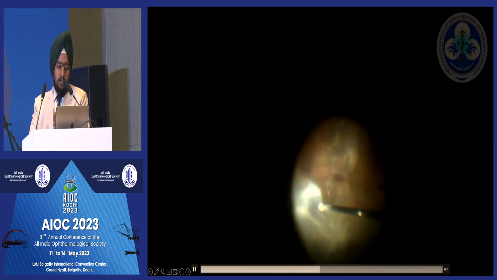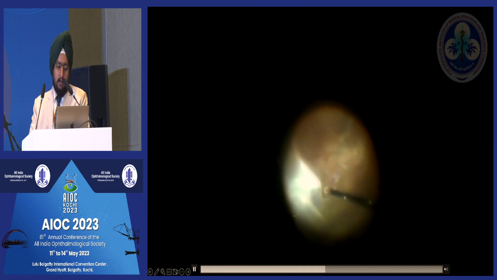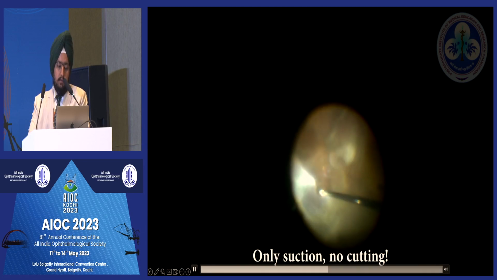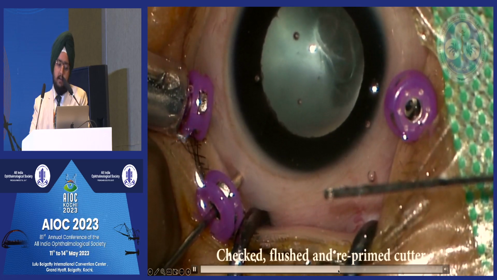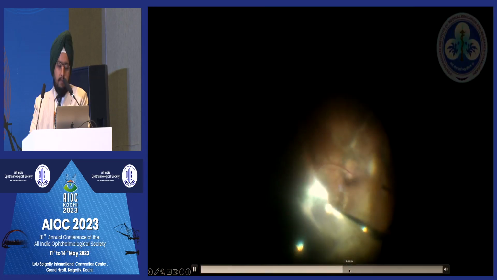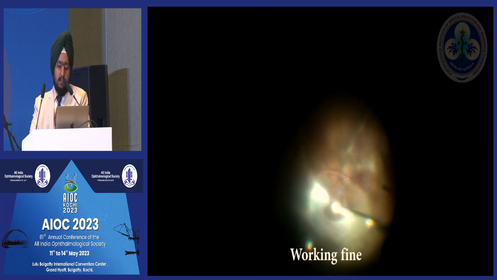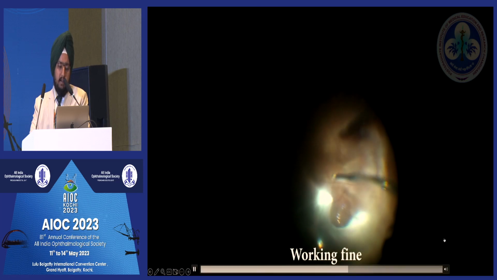So again, the machine was kind of malfunctioning. Only the suction was working, the cutting was not coming. Again, pulling on the retina, more of vacuum rather than cutting. Changed the cutter, tested it outside, reprimed it. Again, it worked for some time, stopped after that.